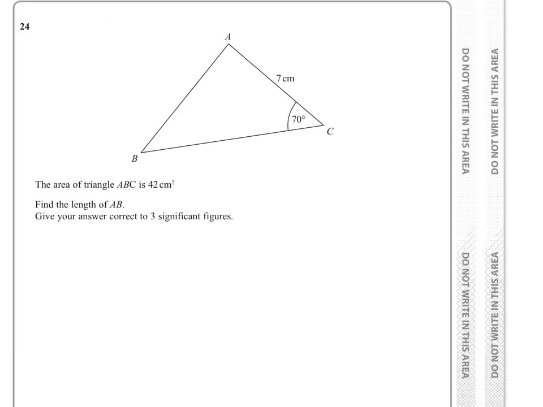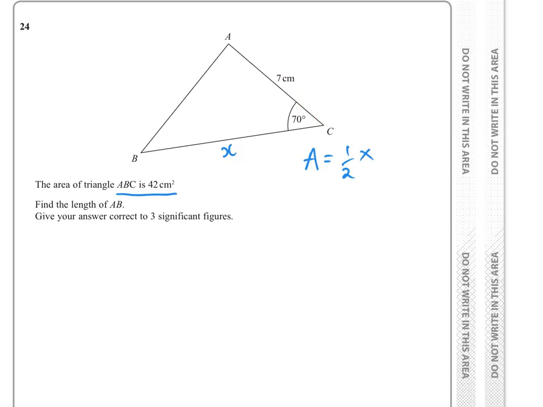Question 24. We have a diagram of a triangle, and we're told that the area is 42 centimetre squares. So the best thing to do here, I believe, is to call this length x, and we know the area of a triangle formula, which is a half times the 2 lengths that are making the angle we multiply. So we always choose an angle in between the 2 lengths.